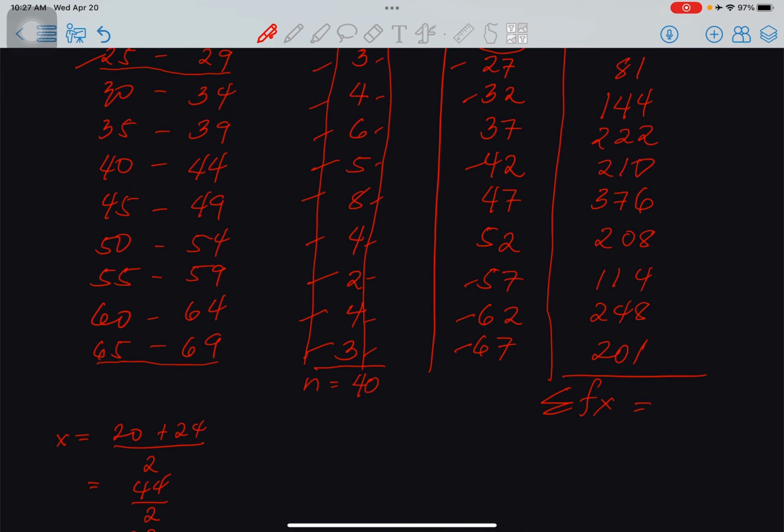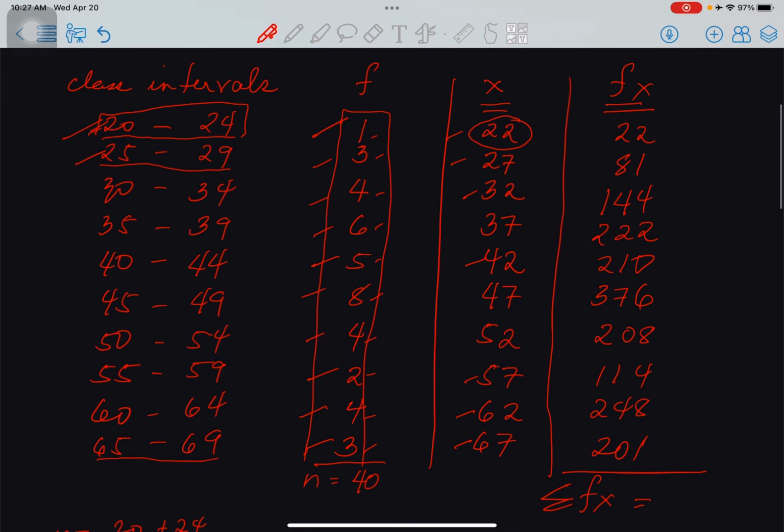So we have 22 plus 81 plus 144 plus 222 plus 210 plus 376 plus 208 plus 114 plus 248 plus 201.